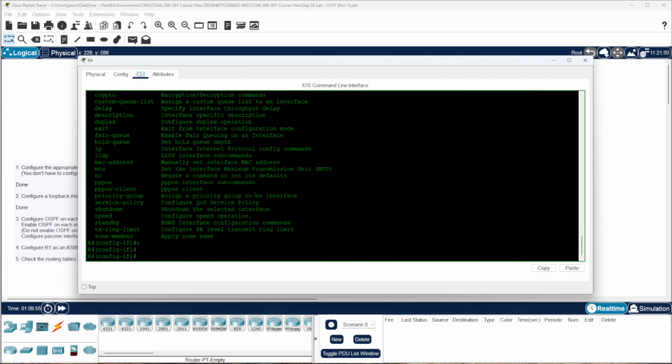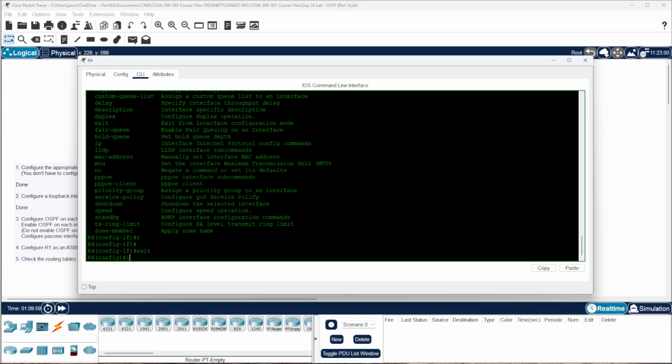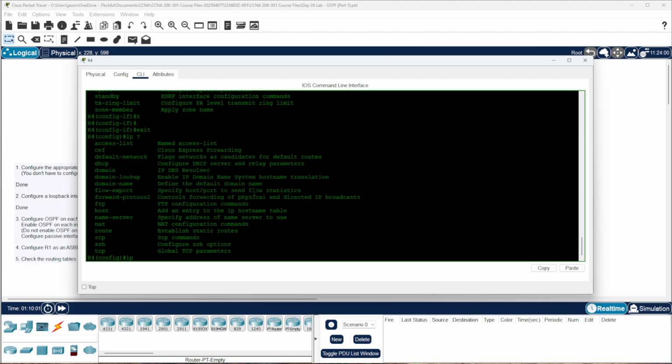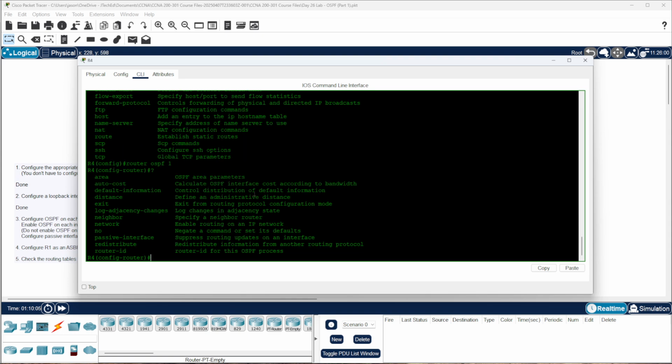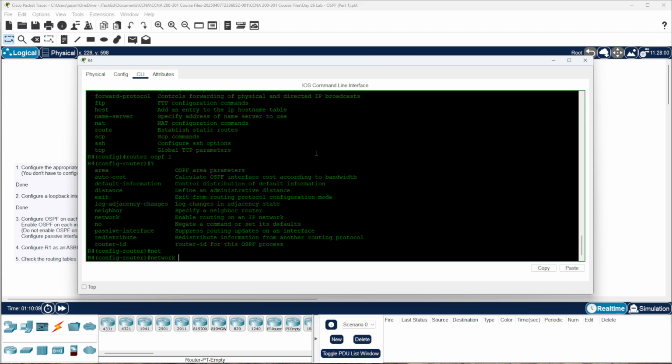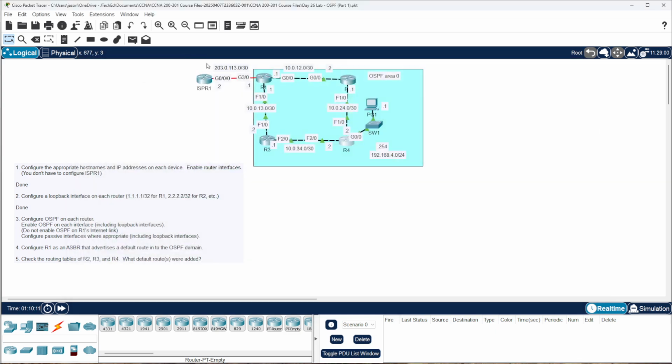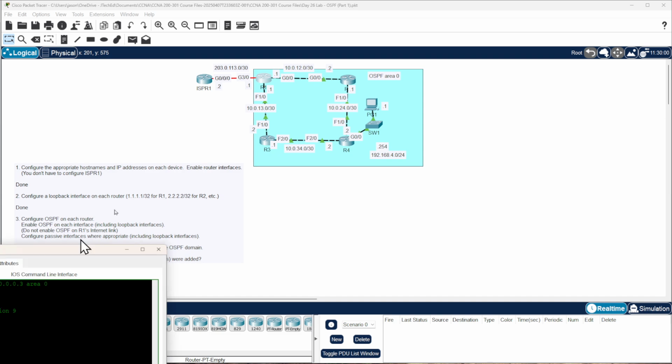Now, was I configuring this one? Yeah, I think so. So IP, what was it? Router OSPF 1 and network. Oh gosh, forgot already.